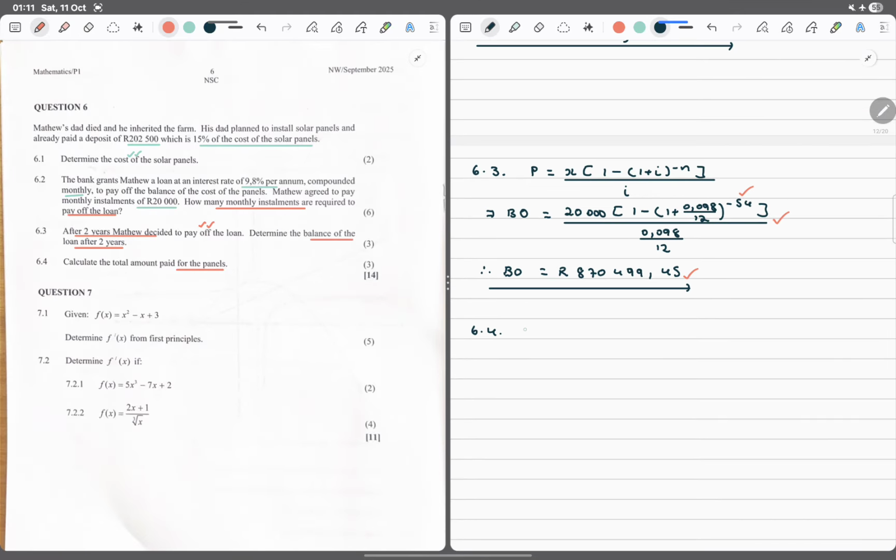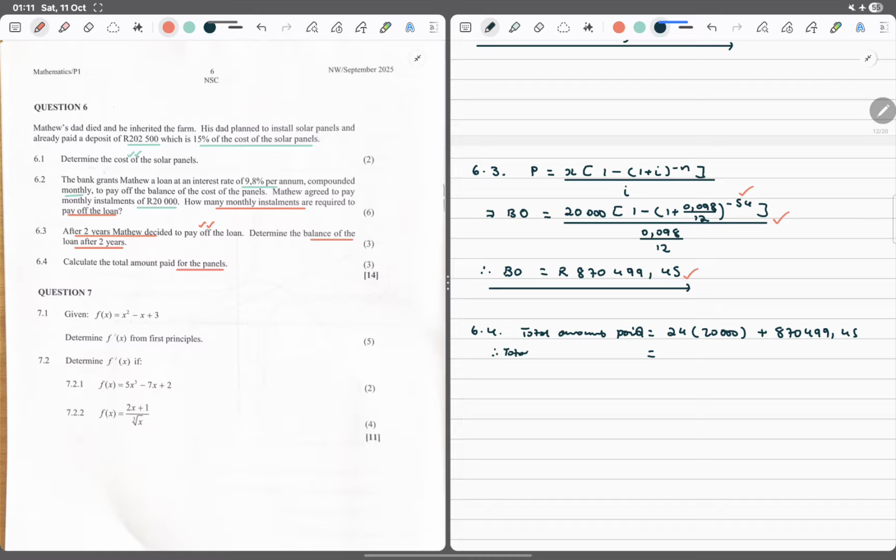So let's see, we know that the total amount paid is going to be 24 payments of 20,000 plus the 870,499 rands 45 cents.